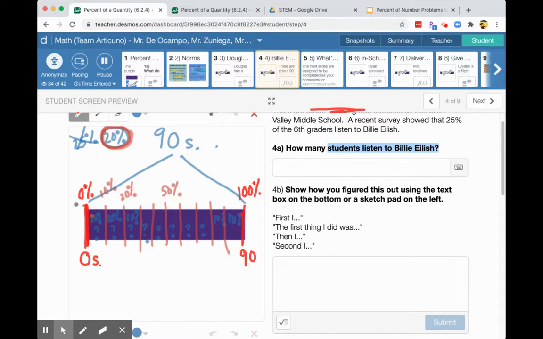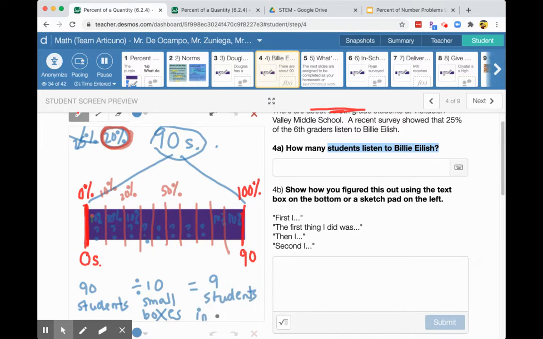Remember, this whole thing is 90 students. And it's split into 10 equal boxes. So divided by 10 small boxes. What's 90 divided by 10? So it's 9 students in each box.